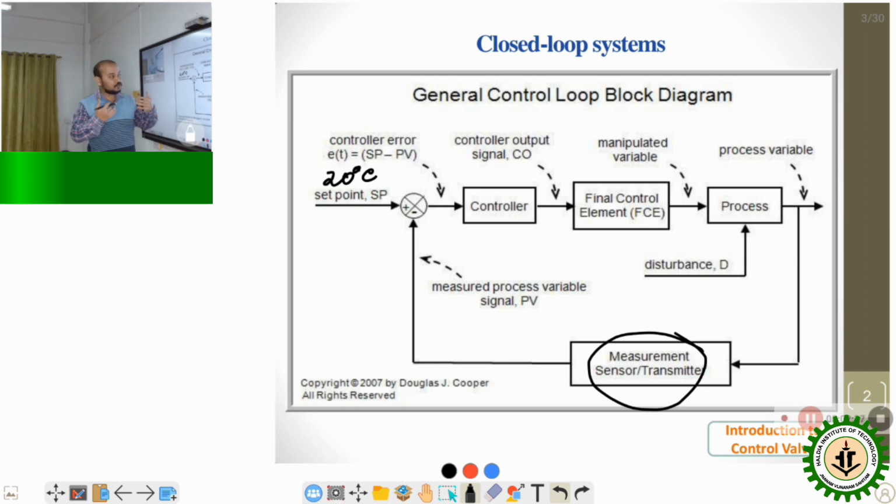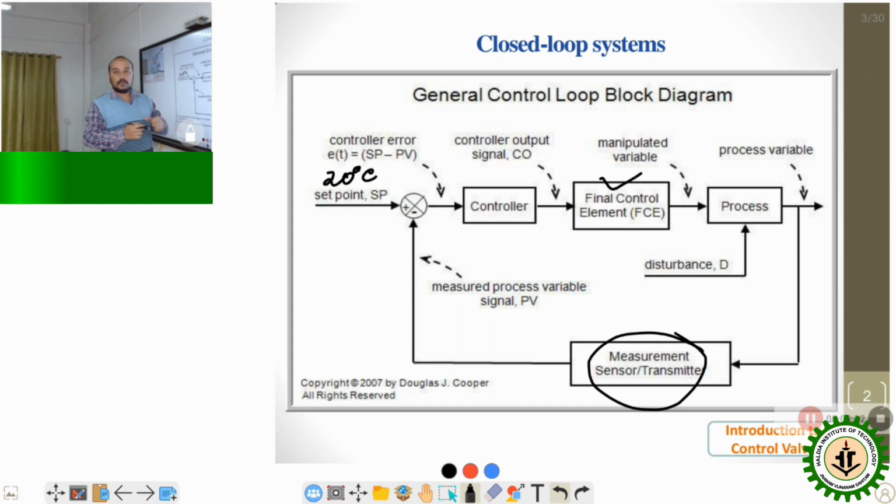So someone needs to take the responsibility that, using the command from the controller output signal, the temperature in the room will be decreased, and that will be done by the final control element. So our major discussion topic is the final control element. In industry, the final control elements are taken care of by the control valves.